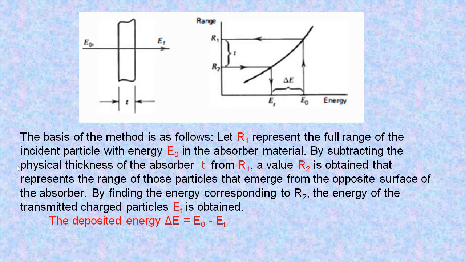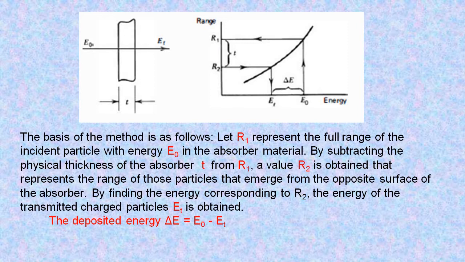By subtracting the physical thickness of the absorber T from R1. And here this is range and this is energy. So corresponding to energy E0, this is the range. You can calculate like this. From this E0, this is R1.